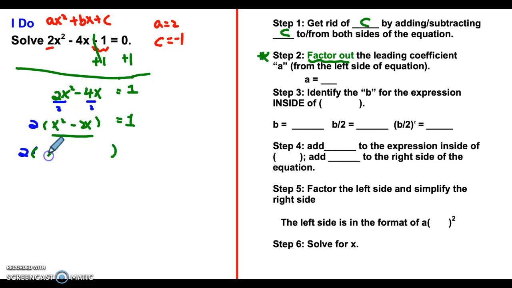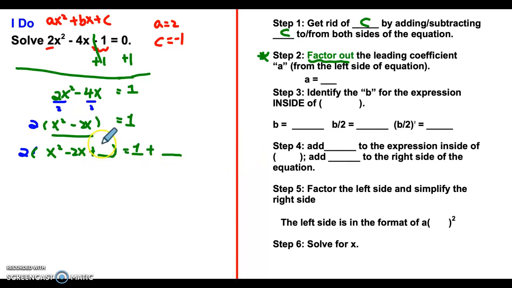Now remember, if it's not even a perfect square trinomial, we can create one on our own. How? Just remember, what number do you need here, right? And then also remember, you want to make sure you add something to the right side as well, because you want the equation to be balanced.